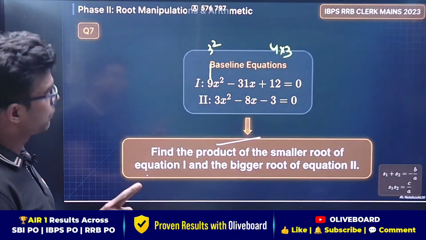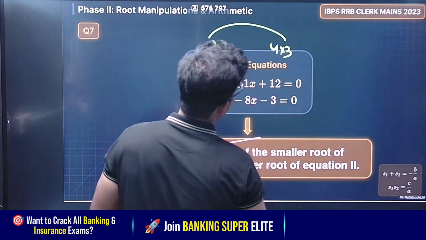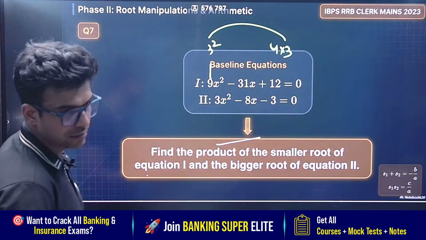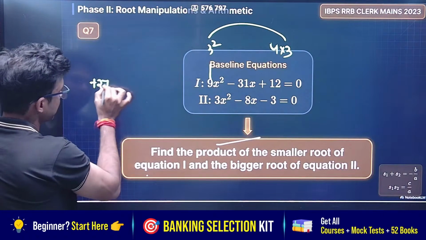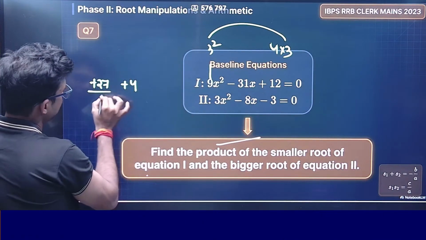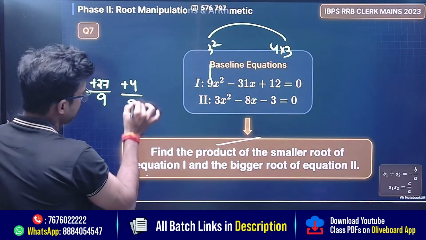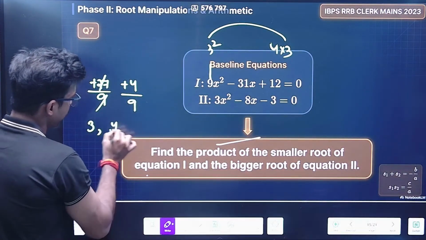Now, this will give you 9 3s are 27. 27 plus 4 is 31. Correct? So the roots would be plus 27 and plus 4 divided by 9, and this is also divided by 9. 9 3s are 27, this is 3 and this is 4 by 9.